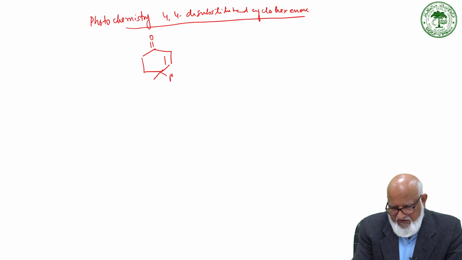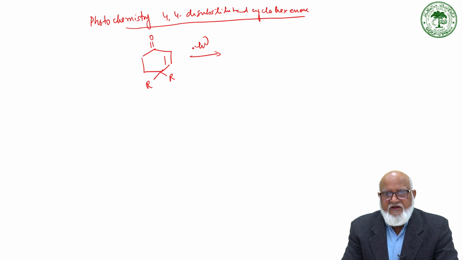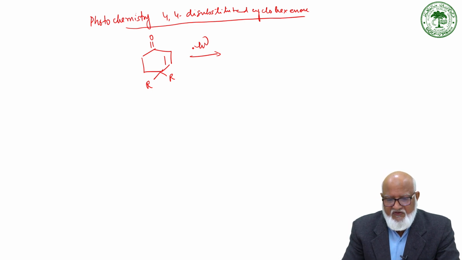If we have a system like this under photolytic condition, it undergoes rearrangement to give a bicyclic system.